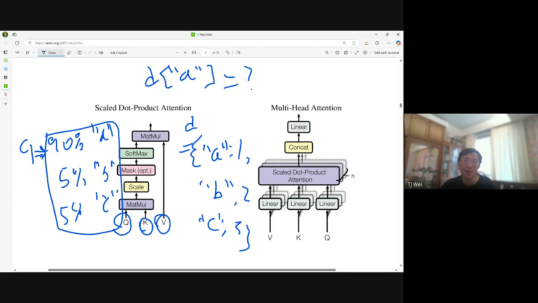Either it matches or it does not, and it only matches one thing. But for a soft query, or soft dictionary, we are trying to find the similarity of this query to each key. The typical scenario is that we'll have probabilities like 90%, 5%, and 5%.